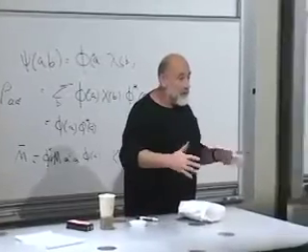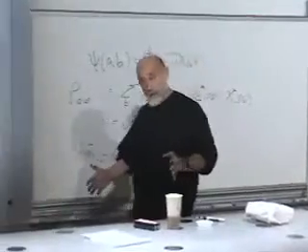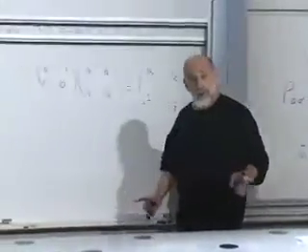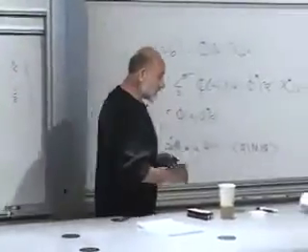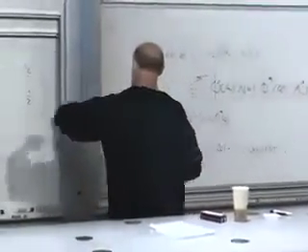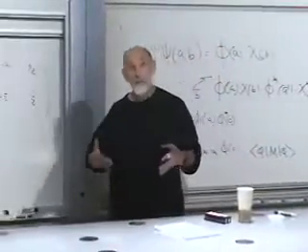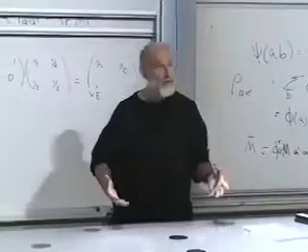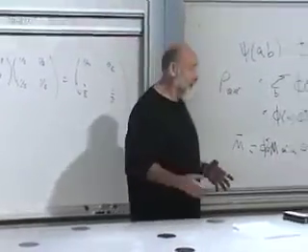There's no uncertainty in the wave function or in the state vector of the combined system. The entropy that we're talking about now is the entropy of the subsystem A. By virtue of the fact that it's entangled with B, A has an entropy. If you didn't look at B, A has an entropy.